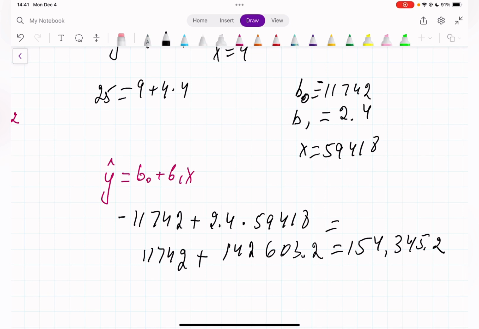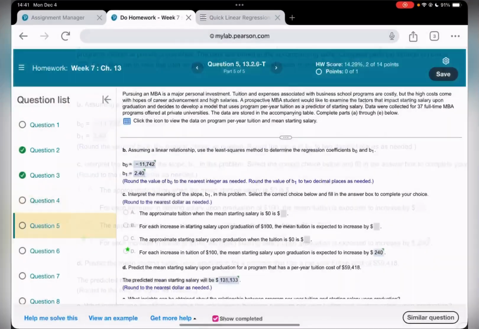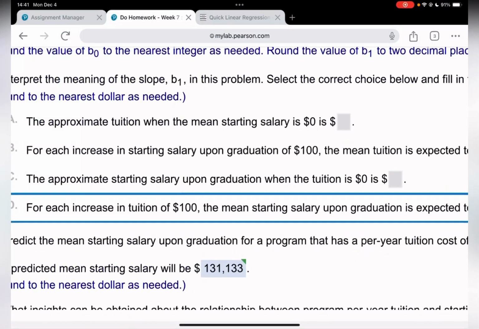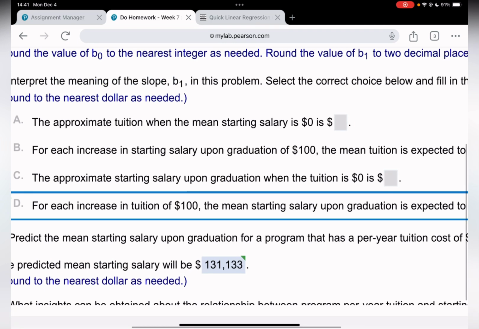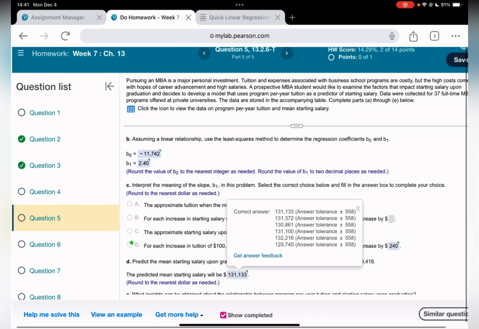I'm getting 130,861.2. Let me see if that was it. Okay, well, I need to do it over.